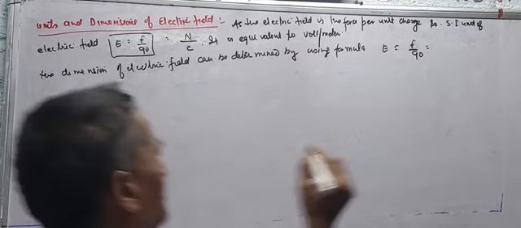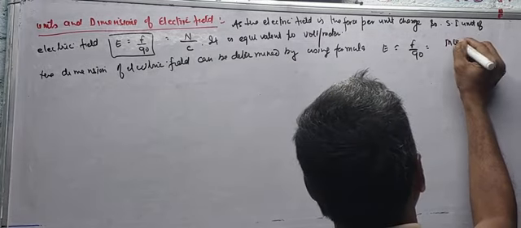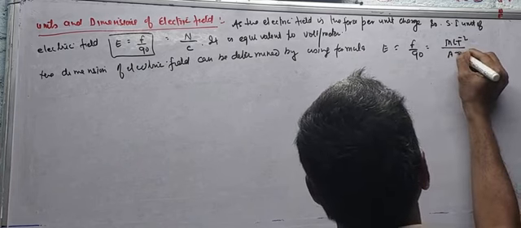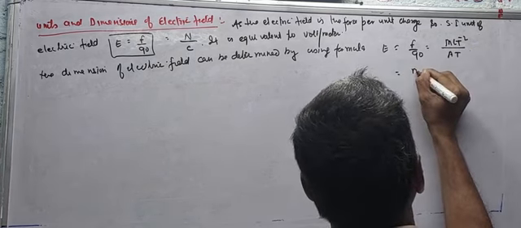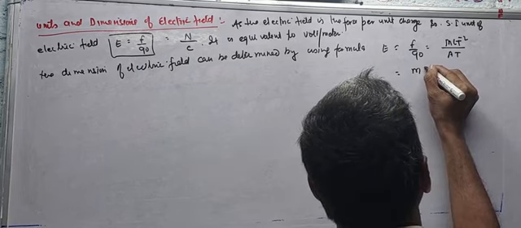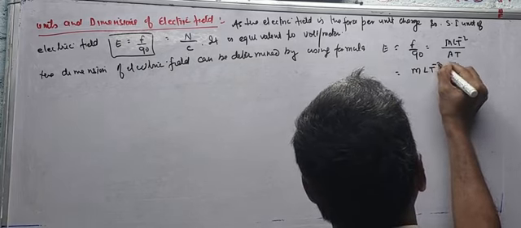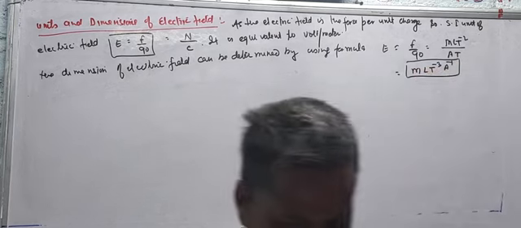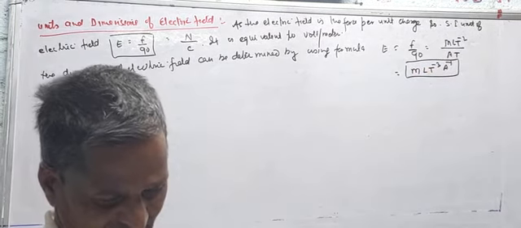The dimension of F equals M L T to the power minus 2, and that of q is A T. It becomes M L T to the power minus 3 A to the power minus 1.